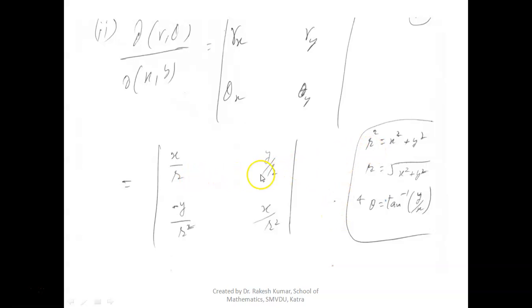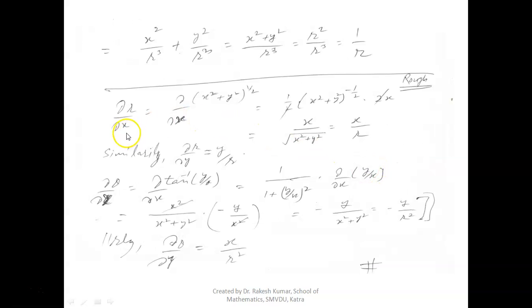So what is del x of r? Del x of r is equal to the square root of x square plus y square. Differentiating this partially, the 2 cancels with 2, and I get x upon this, which is r, so x upon r. Similarly, we can find y upon r, and the same way we can proceed with del x of theta.